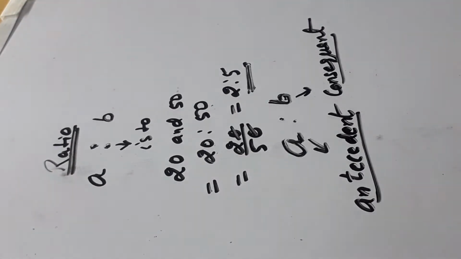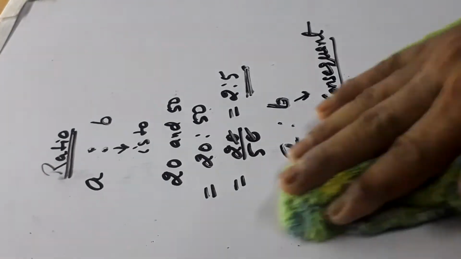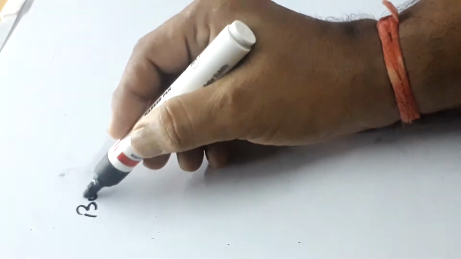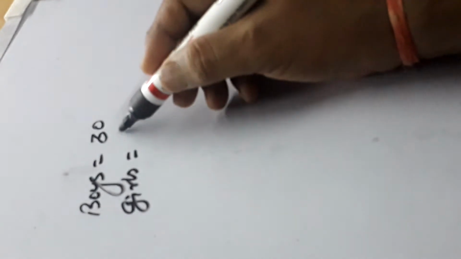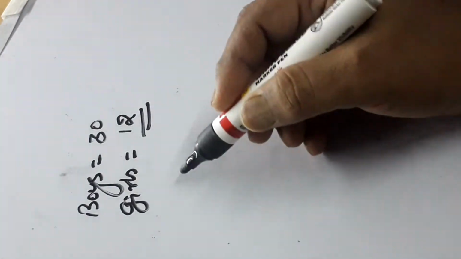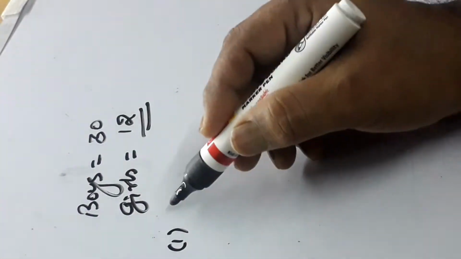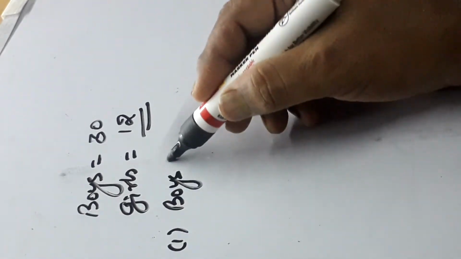Now we will see some examples to find ratio. Suppose in a class there are 30 boys and the number of girls is 12. First of all, we want to find the ratio between boys and girls.